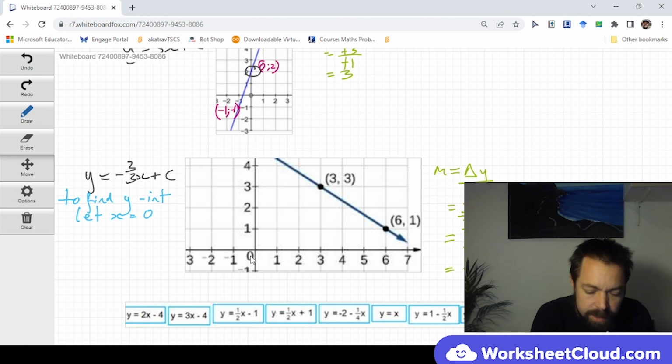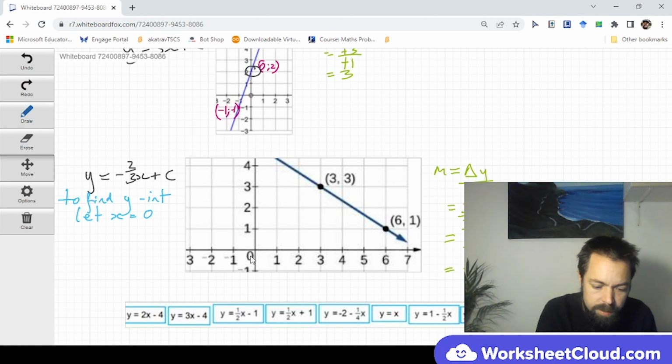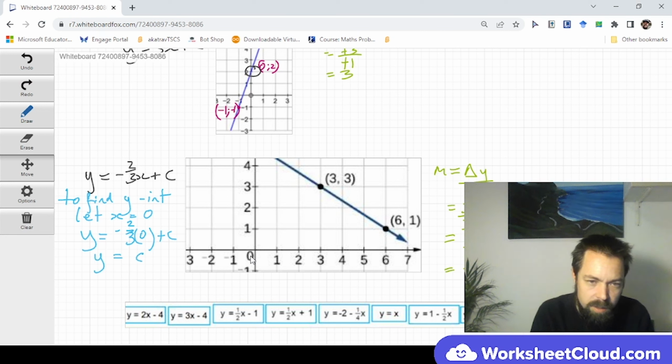All right, well, let's see. Okay, so then we would say y equals minus 2 over 3 times 0 plus c. Y equals c. Oh, that's not useful.